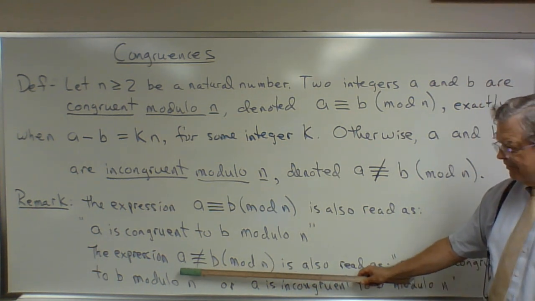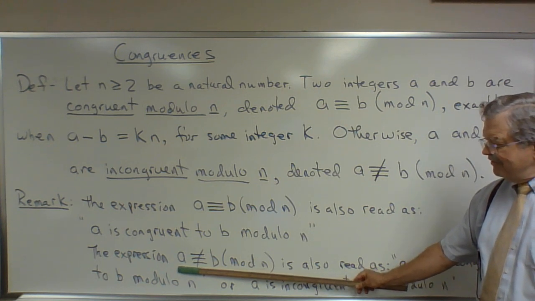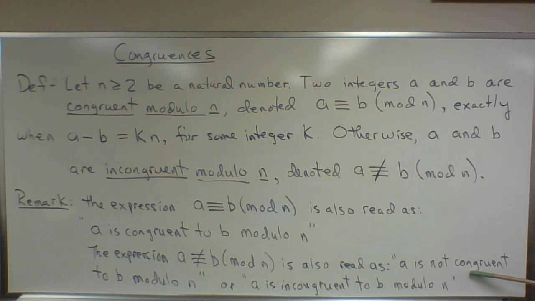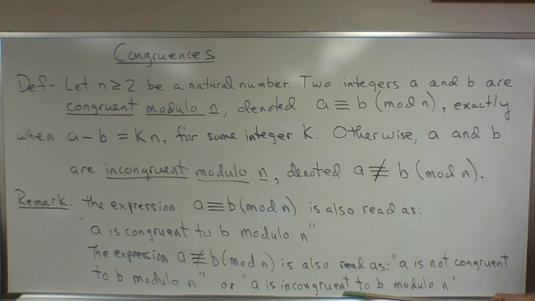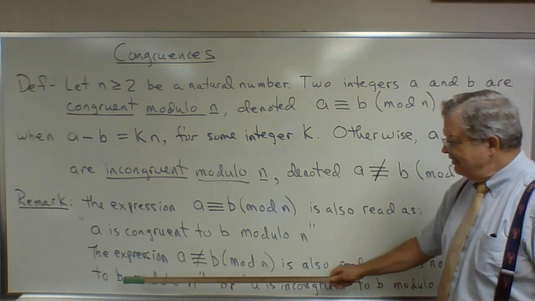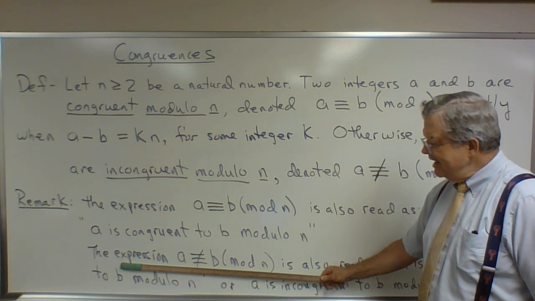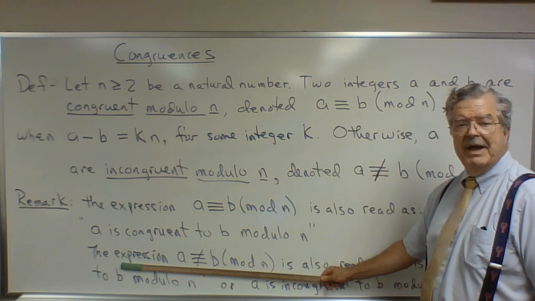We can read this expression as a is not congruent to b modulo n, or a is incongruent to b modulo n.